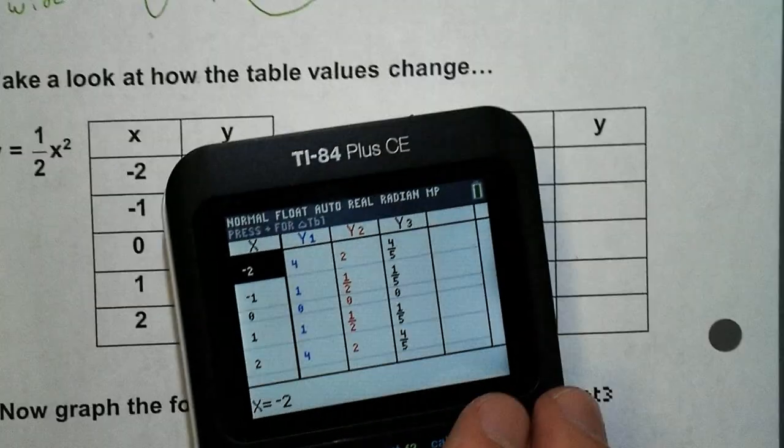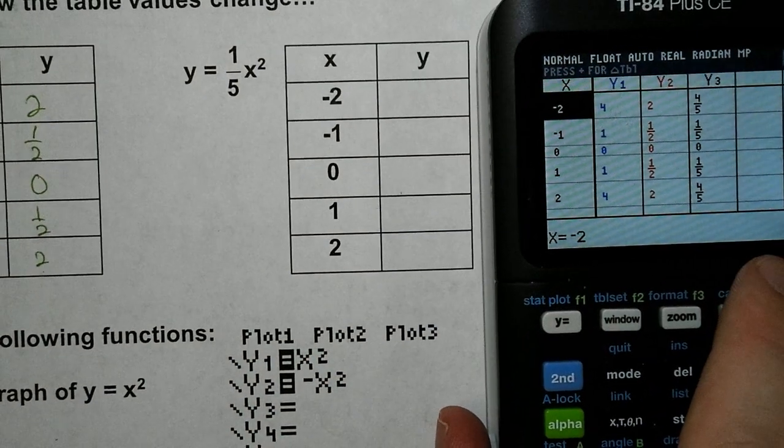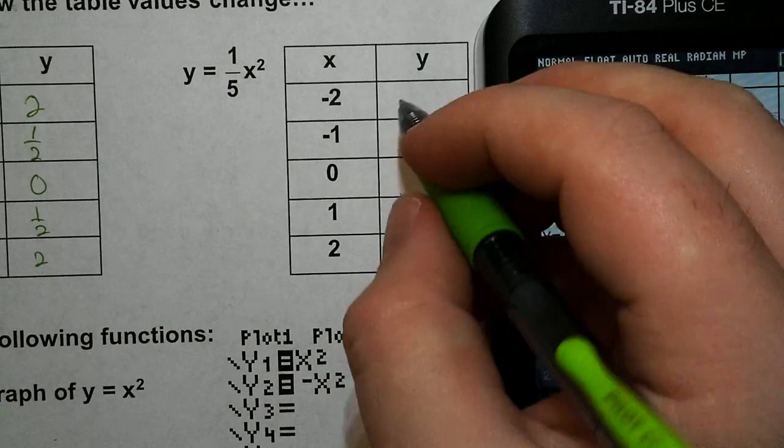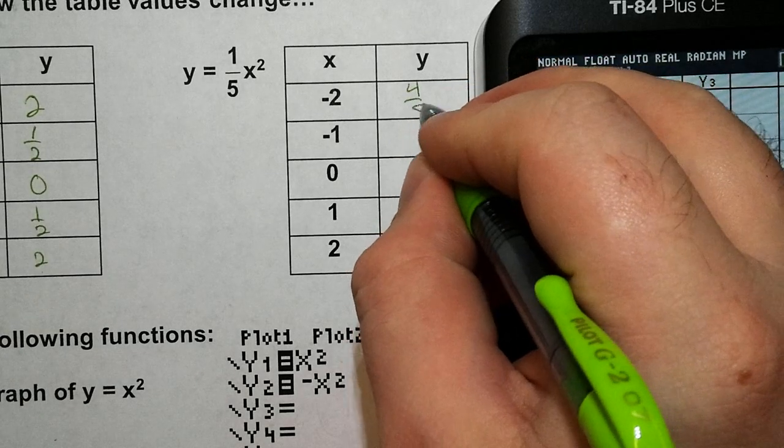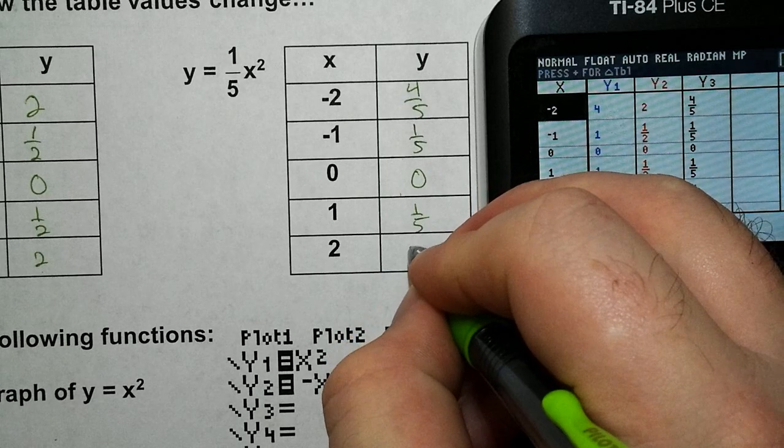And from the other one, we got 4/5, 1/5, 0, and then 1/5 and 4/5 again.